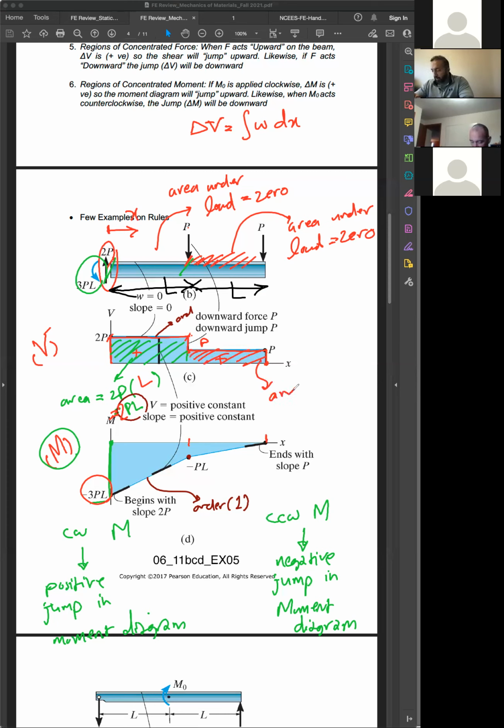What is this area? It would be P times L. So you are at negative PL, you change positive PL, you're going to reach 0. Order 0. Order of this line is 1.